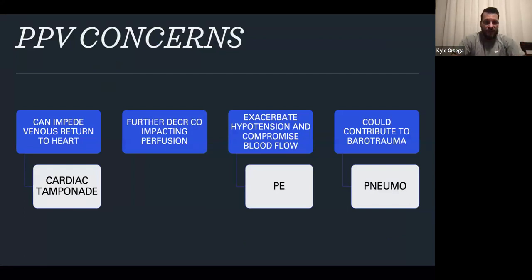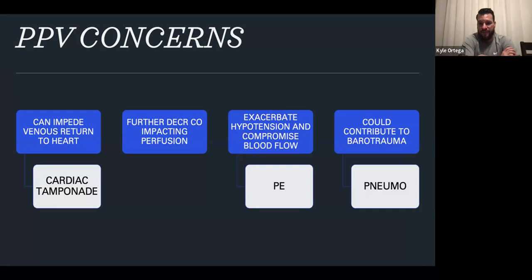Some positive pressure ventilation concerns. I did find a lot of these; this wasn't hard to find in the research. It can impede venous return to the heart in cardiac tamponade, further decreasing cardiac output and impacting perfusion. It can exacerbate hypotension and compromise blood flow in a pulmonary embolism.